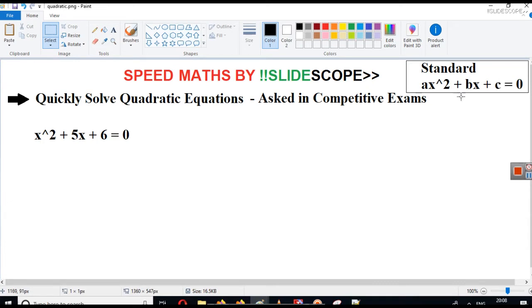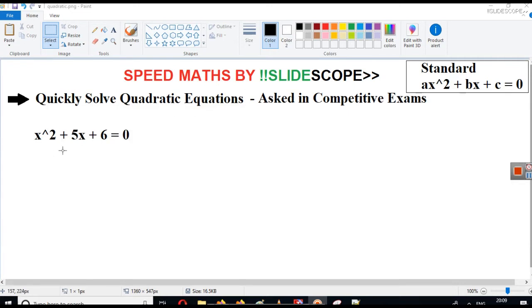Now this coefficient b can be positive and negative. The coefficients a and c also can be positive and negative. And based on the coefficients' signs, our trick is dependent. I will discuss the trick later, but first I will discuss how to solve these equations for x.